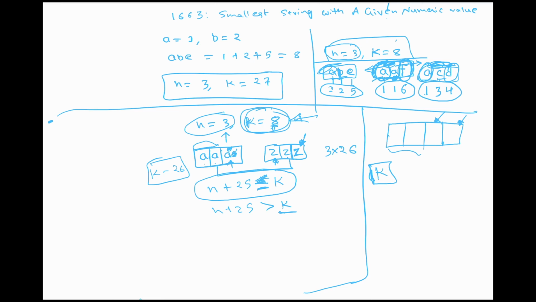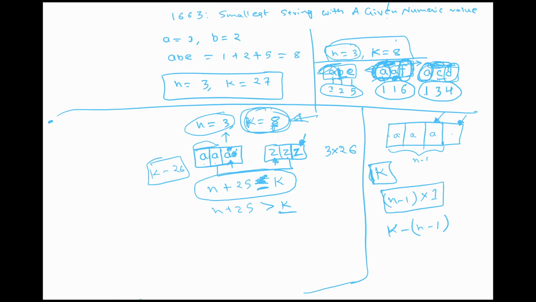Suppose this is n minus 1. If you just put a here, the value would be this much, right? So the remaining value over here would be k minus n minus 1, right?